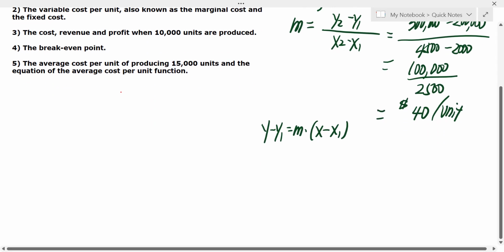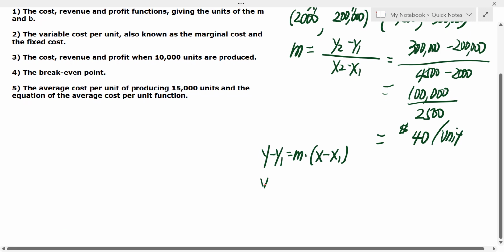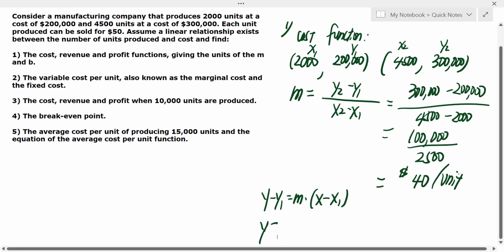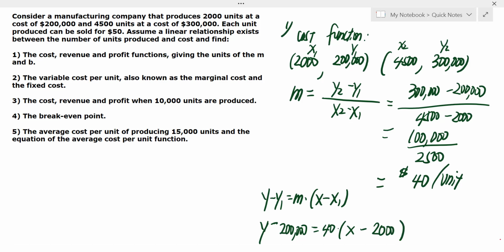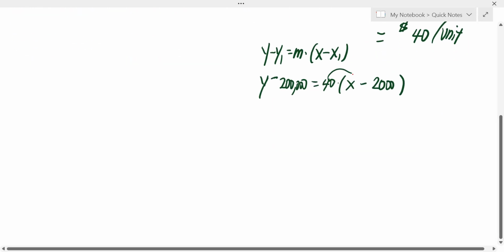Okay. So y minus y1, let's see what y1 is: 200,000. Slope is 40, x minus 2,000. From here we distribute it, and get y minus 200,000 equal to 40x minus 40 times 2,000, that's going to be 80,000.